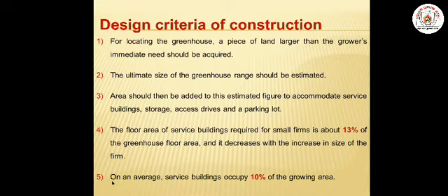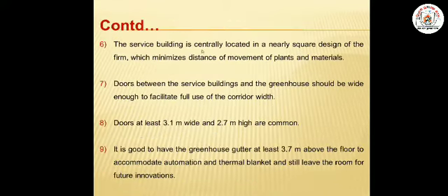Then next criteria, on an average, service buildings occupy 10% of the growing area. Then the service building is centrally located in a nearly square design of the farm, which minimizes distance of movement of plants and materials.